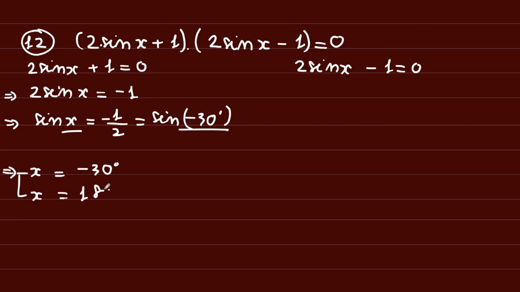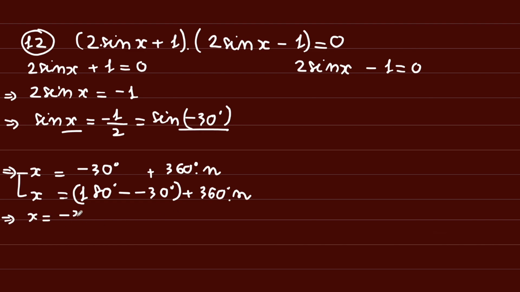The second one uses the supplementary relationship, but be very careful when we work with negative angles: supplementary means 180 minus minus 30 degrees, plus 360 degrees multiply n. For my conclusion, the first one will be here, and the second one is h equal to 210 degrees plus 360 degrees multiply n.